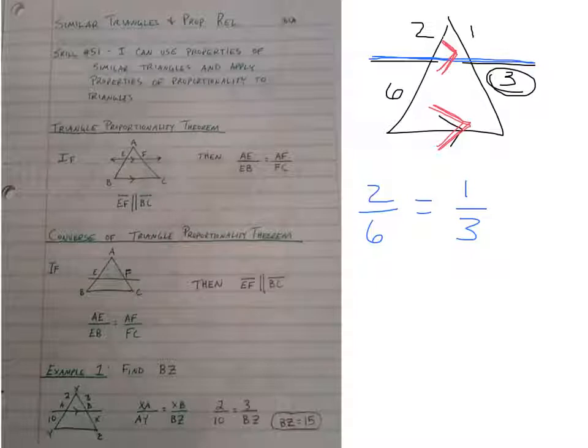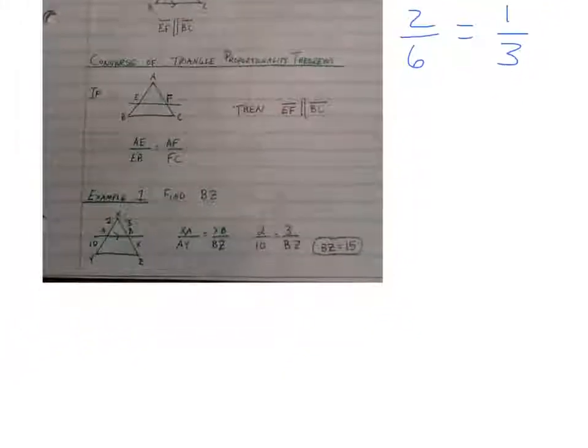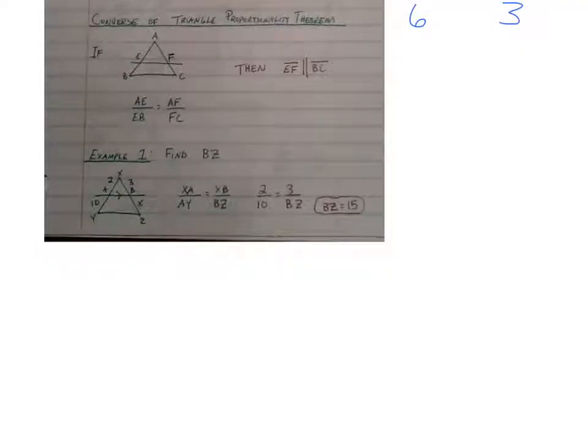At the bottom of the page, I've worked through one example which calls upon the triangle proportionality theorem. We have this triangle and it gives us the dimensions and asks us to find x. So very simply, because we know that the base is parallel, we should have a tick mark here, because we know that the base is parallel to the line that crosses through it, we are able to draw the conclusion 2 to 10 is equal to 3 to our unknown distance.